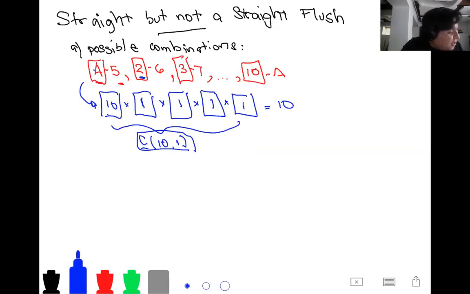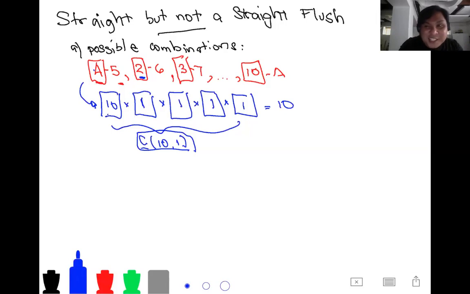Now, remember, it does not matter in what order you pick these cards. As long as you have those 5 cards with you, you can arrange them even in your mind, and they would be considered a straight. So it does not matter whether you draw the 2 first, then afterwards the 6, then the 4, the 3, then the 5. It doesn't matter if you draw them out of order.